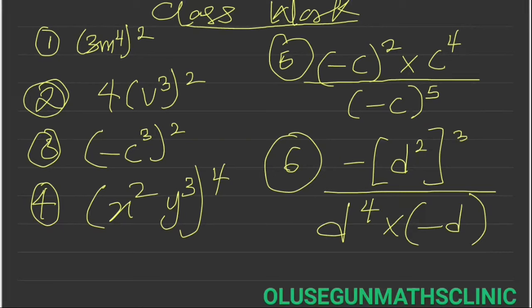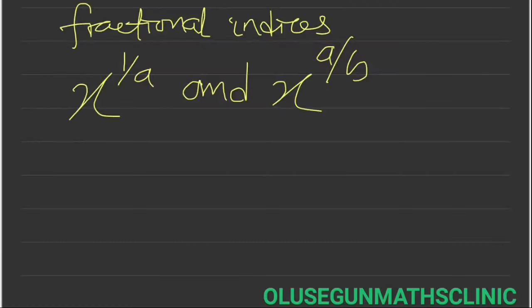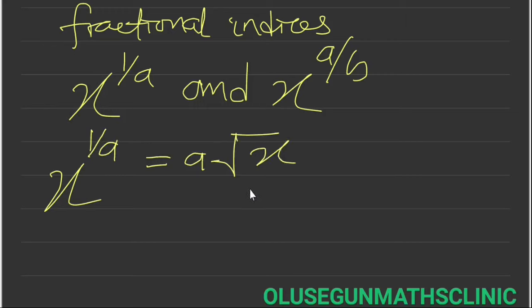So to get the better secret of indices, let's also go further. This is fractional indices. You must understand how to manipulate these two terms. Let me explain it one by one. This x raised to power 1 over a can be written as the a-th root of x.